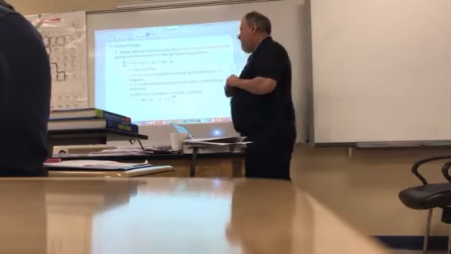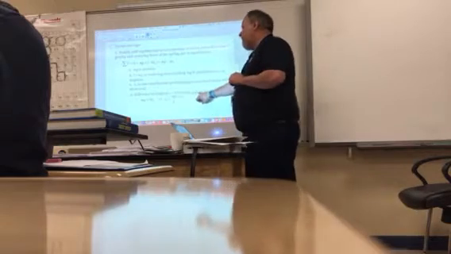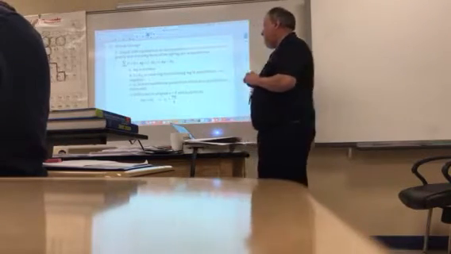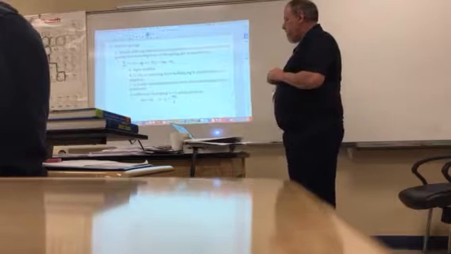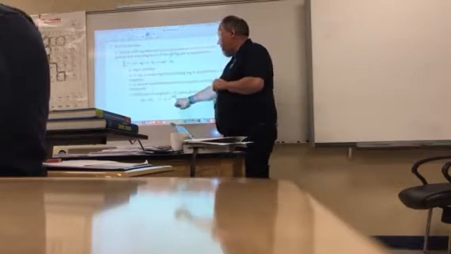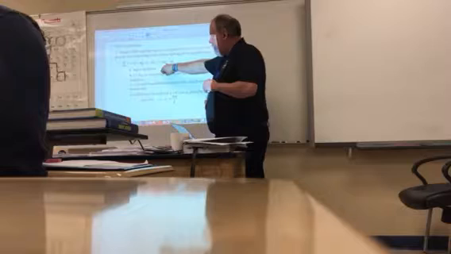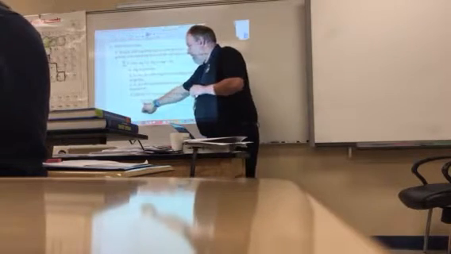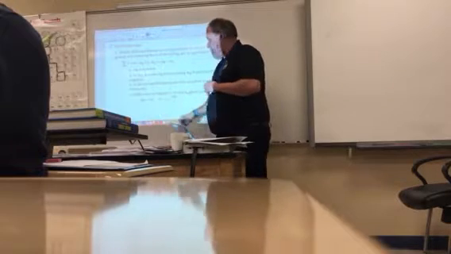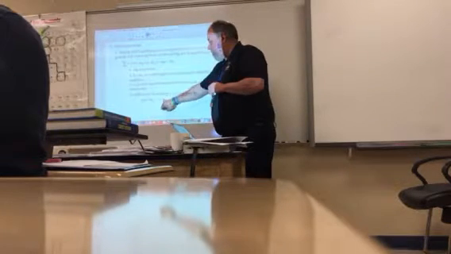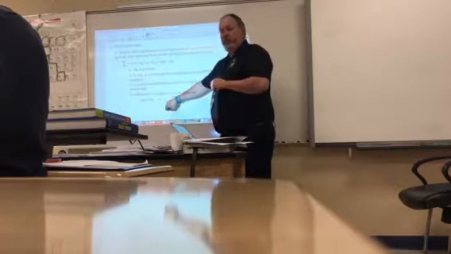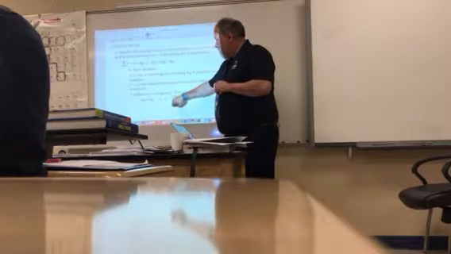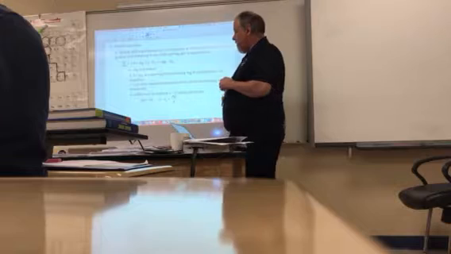The difference between the original x equals 0 and the new x0 is given by, since I've got a balance here, these two forces are balanced. I can say that mg equals kx0, and I can find out what that original point was by dividing mg by k.